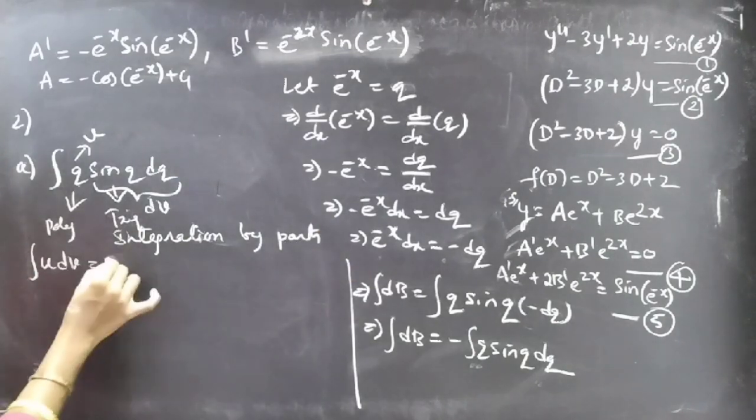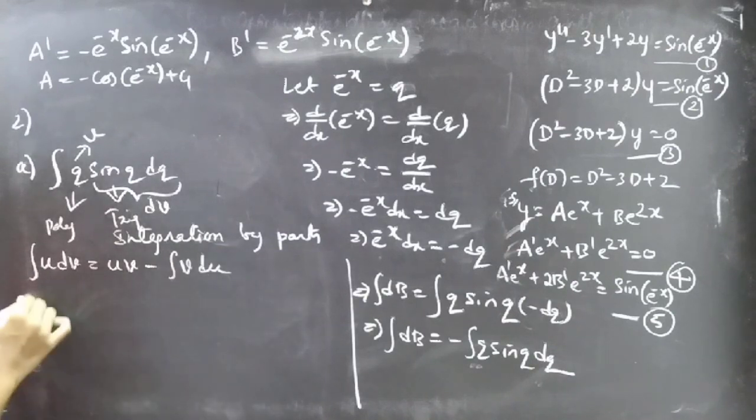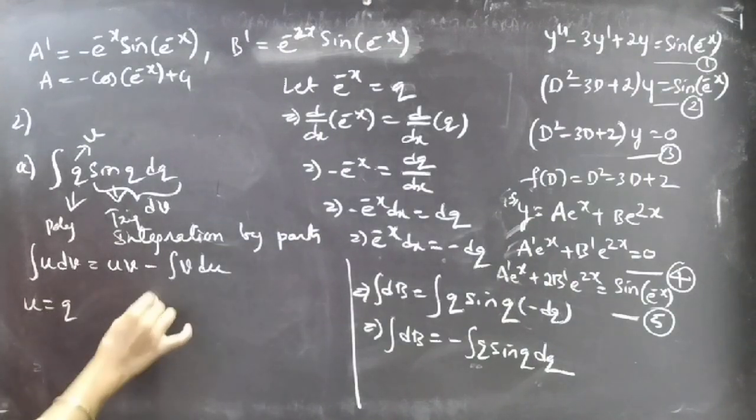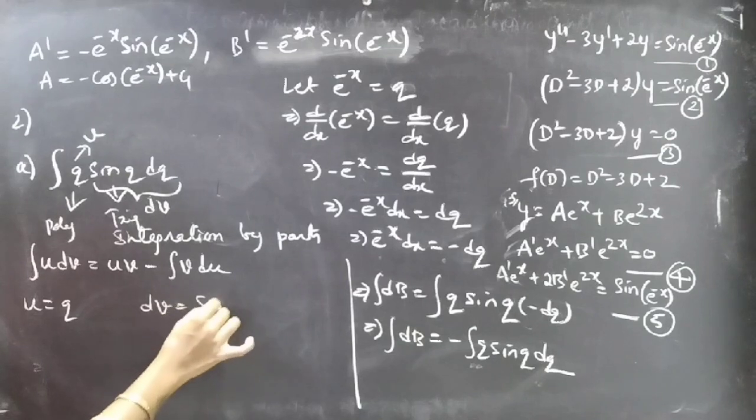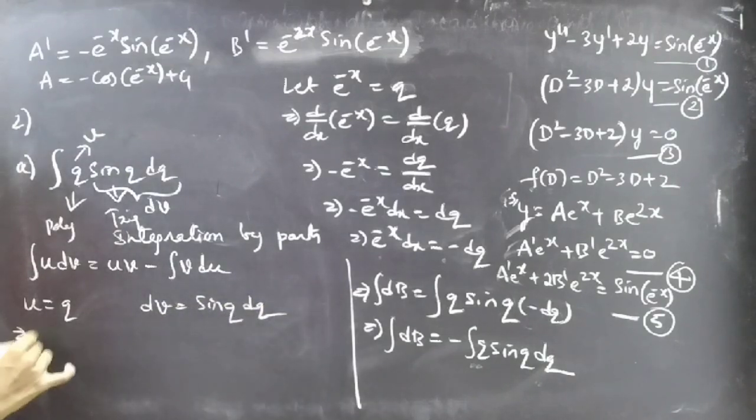Integral u dv equals to uv minus integral v du. Here u is q and dv is sine q dq. Now differentiate on both sides with respect to q.